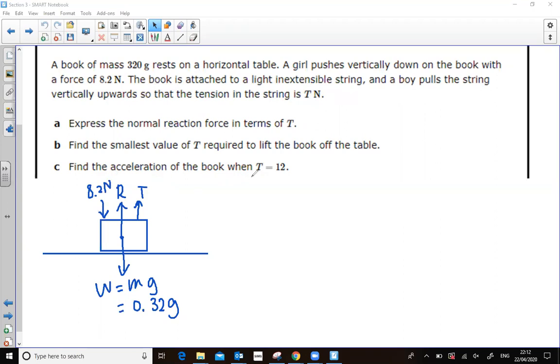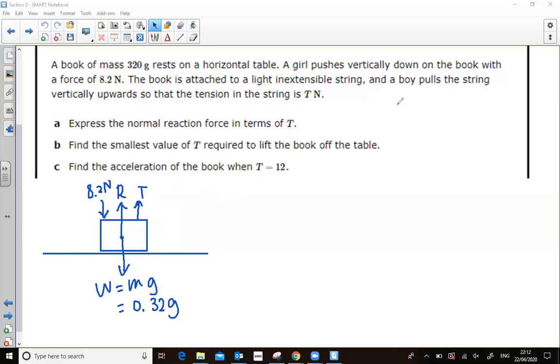Okay, so part A, we're looking for the normal reaction force, and we are going to express it in terms of T. Now you can see that the book is resting on the table and it's not moving, so that means all the forces are in equilibrium, so they all balance out. So that means the forces going upwards should balance out with the forces going downwards.